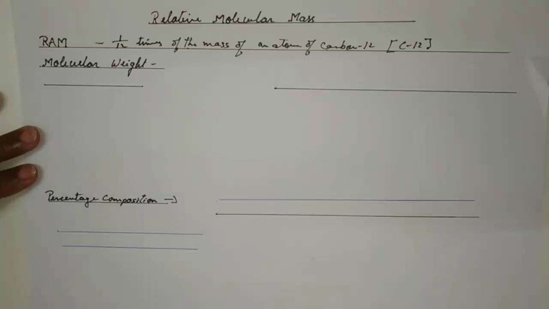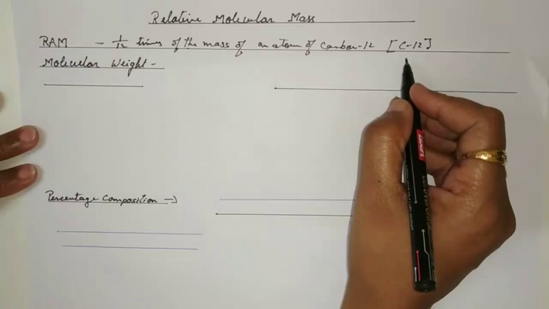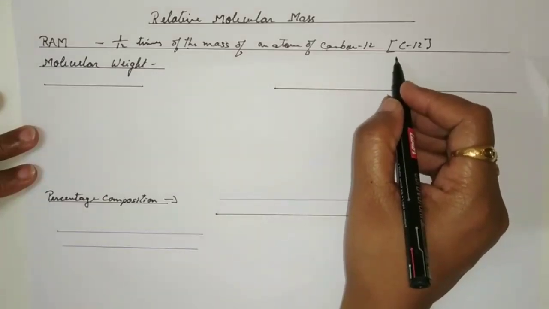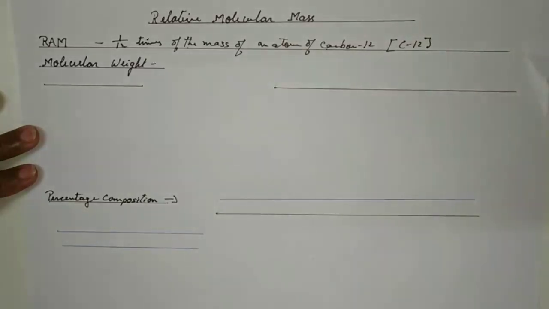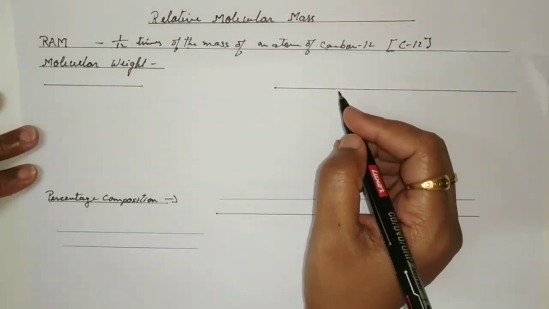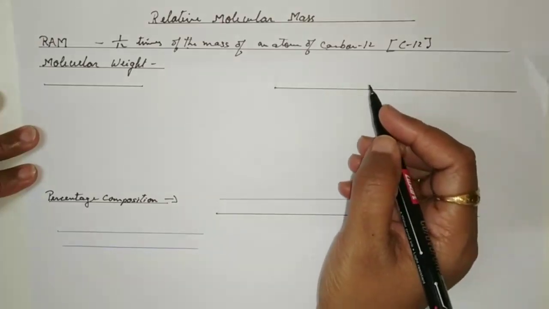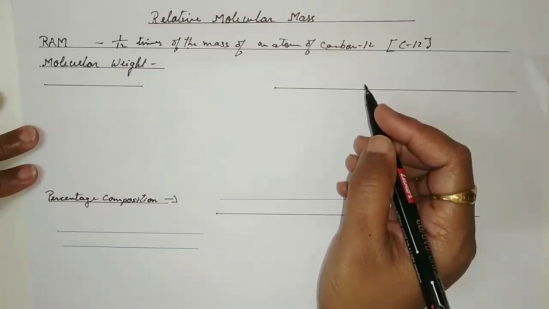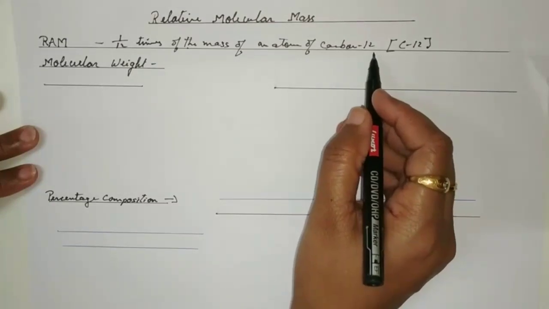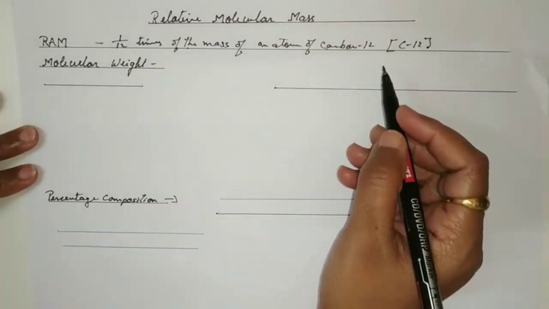It is 12 units, and when I say C12, it is the carbon isotope. An isotope is an atom of the same element, having the same atomic number but a different mass number. Carbon has 3 isotopes, C12, C13, C14, and here we compare with C12, which we take as the standard.